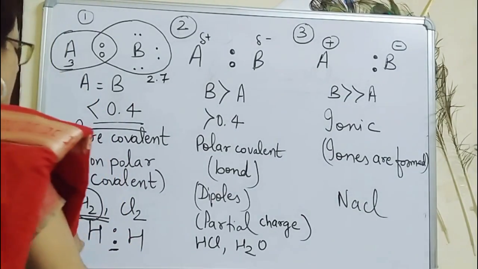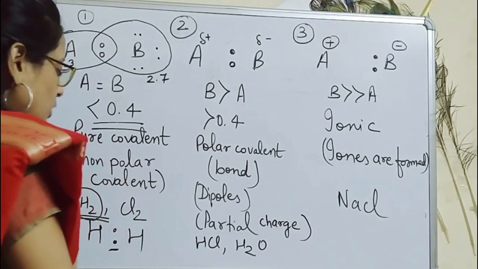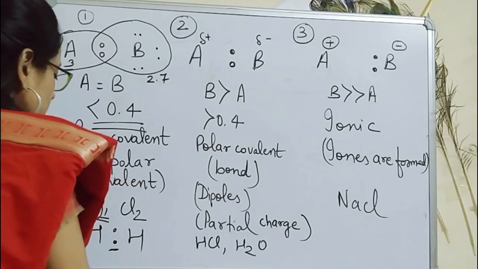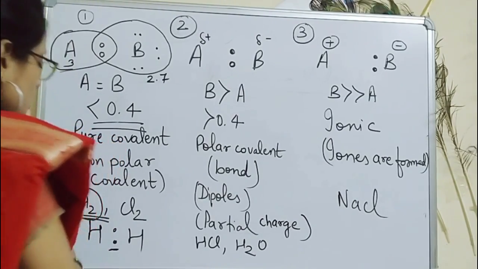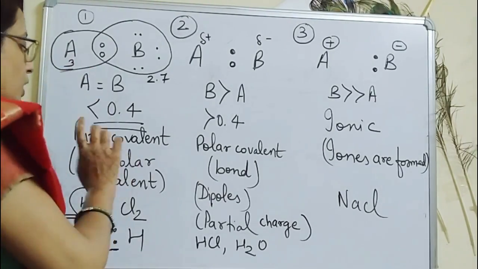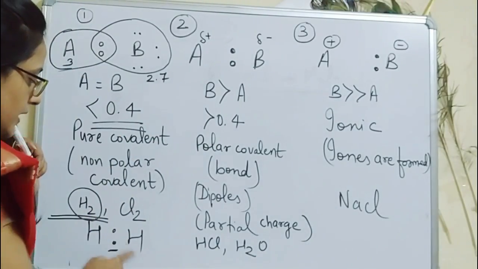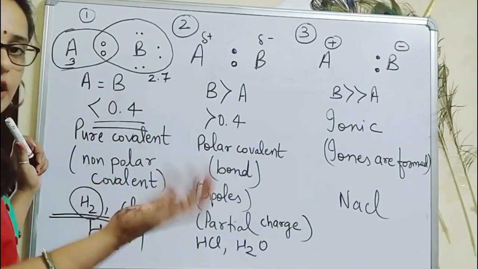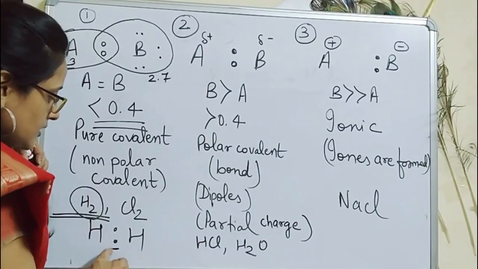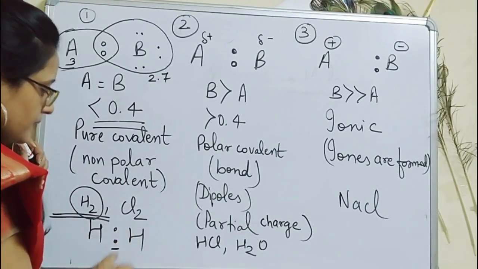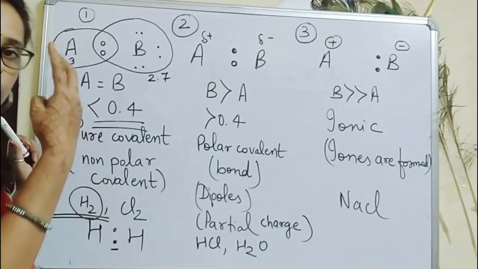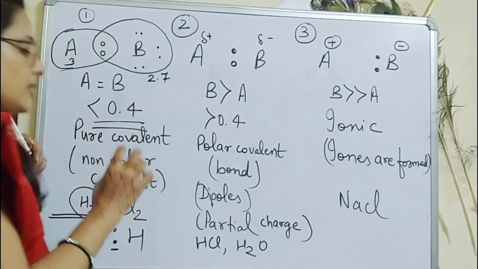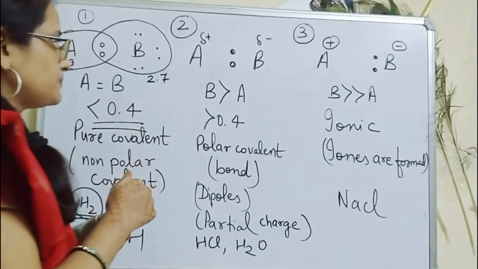The examples are the hydrogen molecule and the chlorine molecule. The hydrogen molecule is formed due to a non-polar covalent bond between two hydrogen atoms. These two atoms have the same electronegativity, so they will share this electron pair equally. Similarly, two chlorine atoms will also share their electron pairs equally.